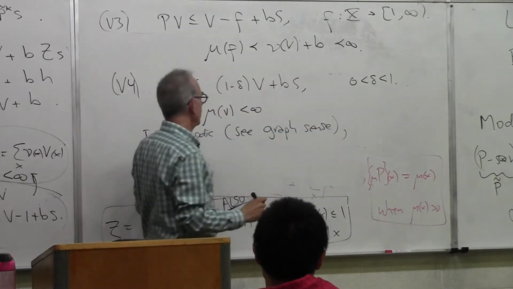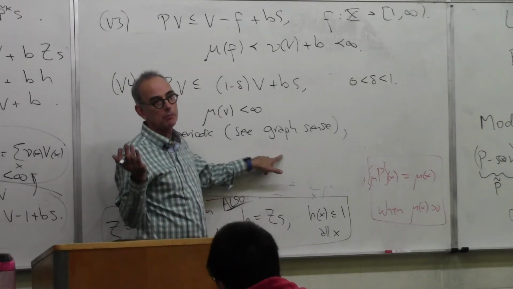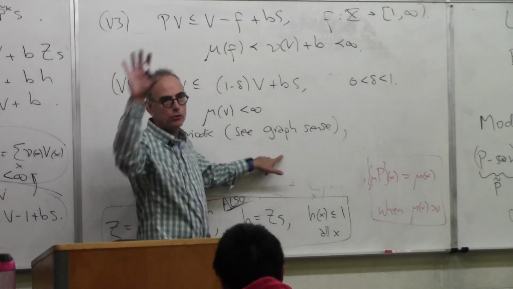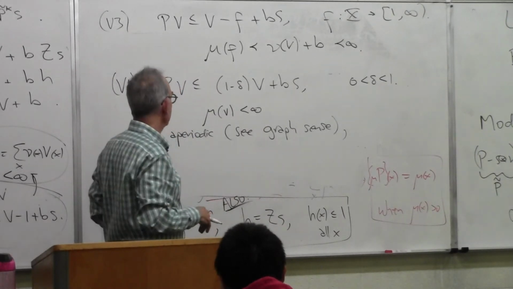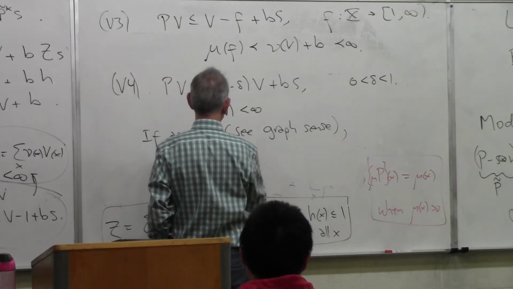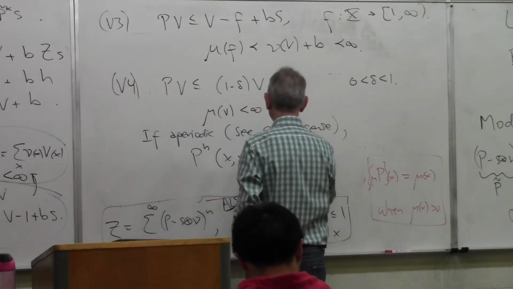So if it's aperiodic, and I'm going to have to talk about the graphical sense, because eigenvalues of a countable state space matrix, it's too confusing. So just in the graphical sense, so you don't have this decomposition. Then the probability of n steps of going from x to x prime goes to pi of x prime at a geometric rate.